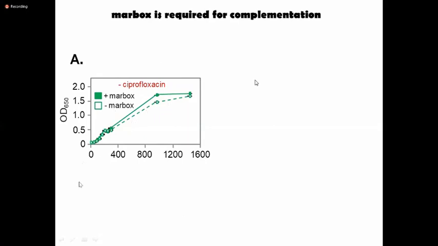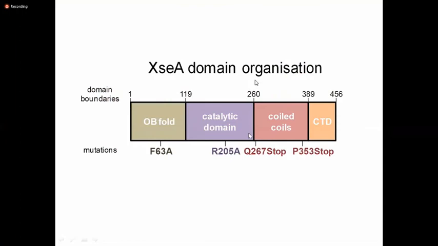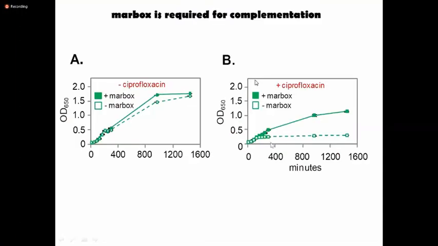In the absence of ciprofloxacin, both of them, with the Marbox or without, grow nearly the same. However, when you add ciprofloxacin, you can see that only the cells with the Marbox intact are able to repair the DNA. When you delete the Marbox, they again have a major growth defect, which suggests that the Marbox is actually important for this complementation.